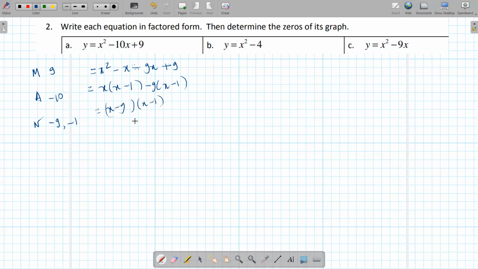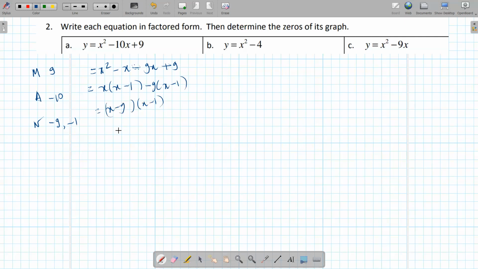Where are the zeros? By zeros, it means x-intercepts. Any ideas? You just flip it, right?